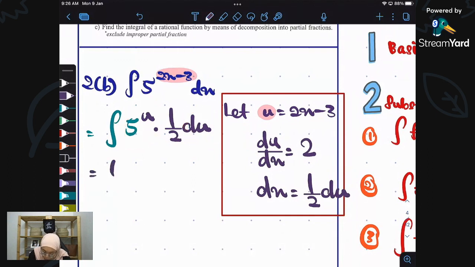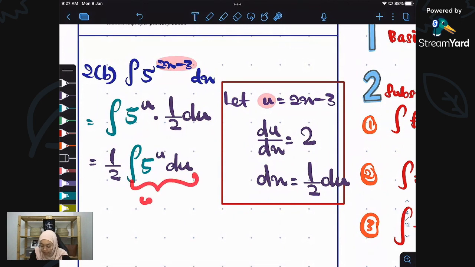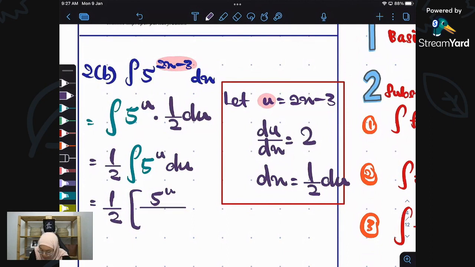So I take the 1 over 2 out, leaving 5 to the power of u du inside. Again, you have seen that everything here is in terms of u only. And now you are prepared to integrate 5 exponent u. So the answer is 1 over 2 in bracket 5^u over ln 5 plus c.